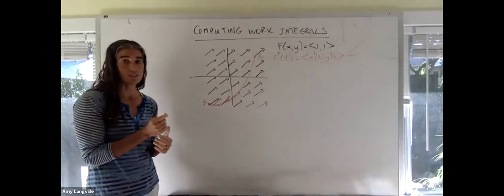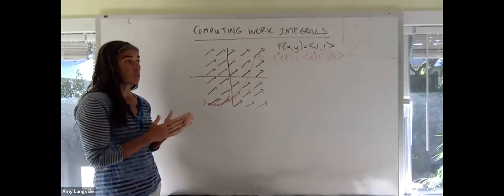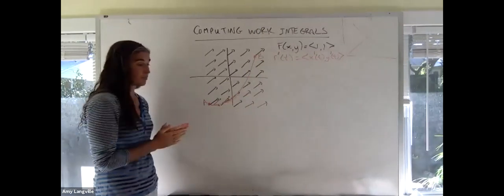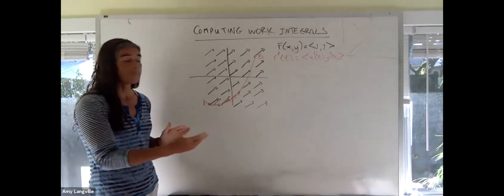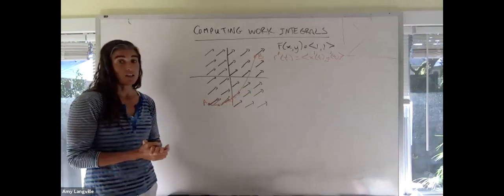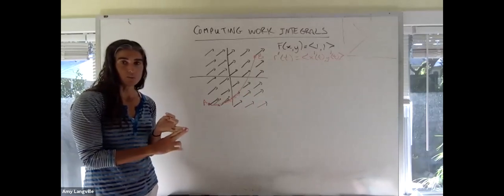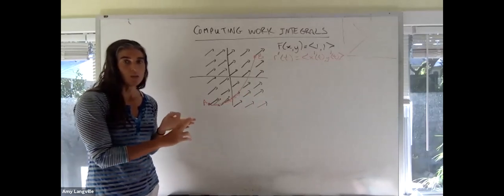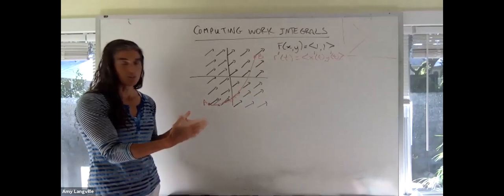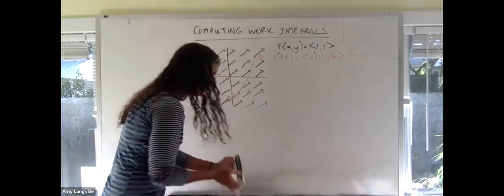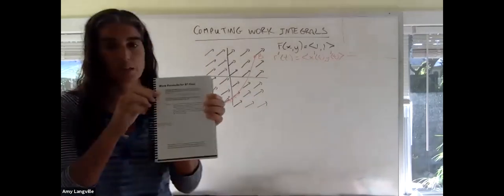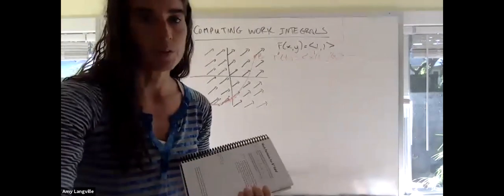And then what happens if we make that delta t go to 0, which is making the number of segments that we're doing go to infinity, which is the same thing as doing a definite integral, right? So we approximate, we refine that approximation all the way to the point of the limit, which makes that approximation turn exact, which is the formula at the top of the next page here for our work integral for an R2 vector field. So I'm going to go ahead and put that on the board.